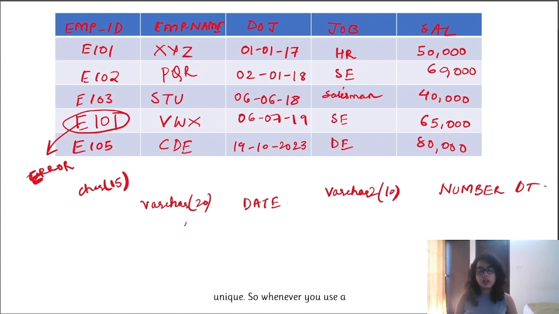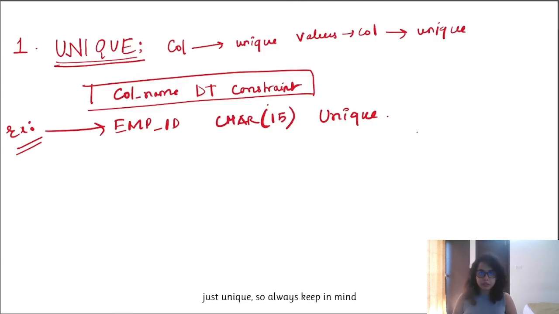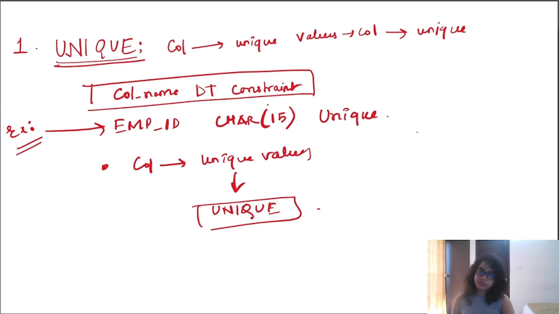Whenever you use a unique constraint in any column, it won't allow us to insert a duplicate value in that column. So whenever you want a column to have unique values, at that time we'll go for the unique constraint. Simple, that's it.